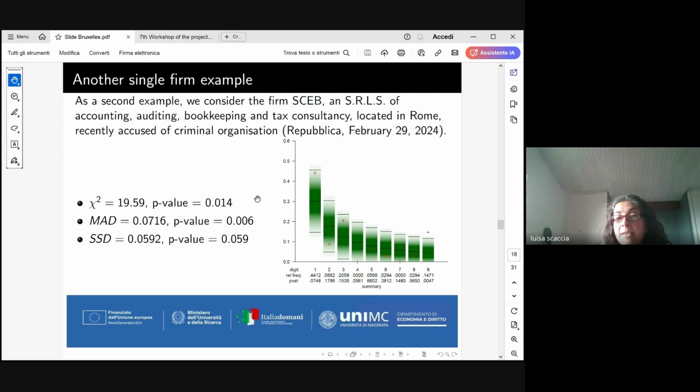Looking at the p-values for the different statistics, now they are quite small, indicating a significant deviation from the theoretical distribution under the Benford law. So in this case, we might claim that data have probably been manipulated.